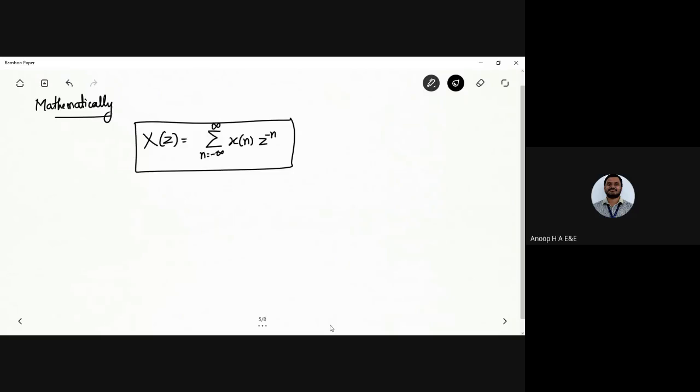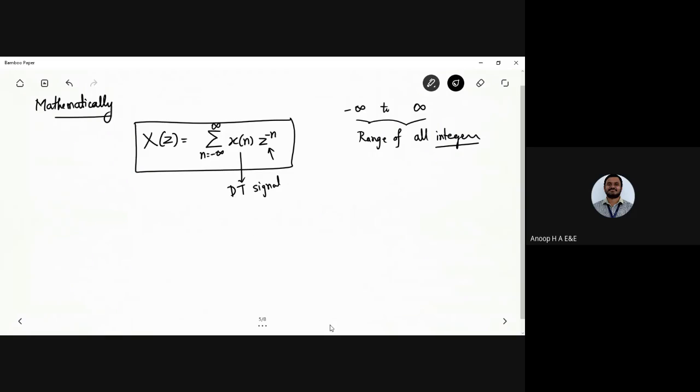So this range, minus infinity to plus infinity, would be the range of all integers where the Z transform is applicable. This is the discrete time signal, and z power minus n is associated with it, right? So that is how you can define the Z transform: summation n from minus infinity to plus infinity, x of n into z power minus n.